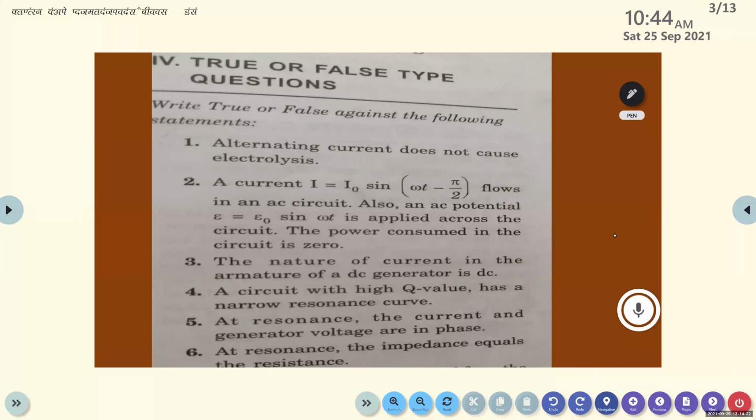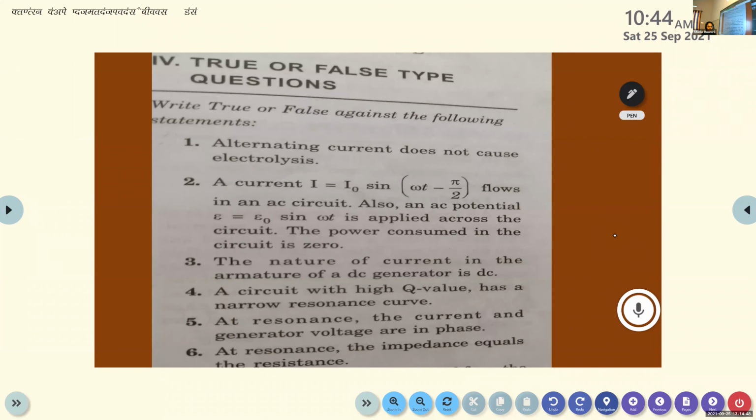It is true. Alternating current does not cause electrolysis, because electrolysis is a process that takes place in the presence of a battery, the direct current, in the presence of anode and cathode. Whenever we apply an alternating voltage source, what is the speciality of alternating current? It changes its direction and magnitude at regular intervals.